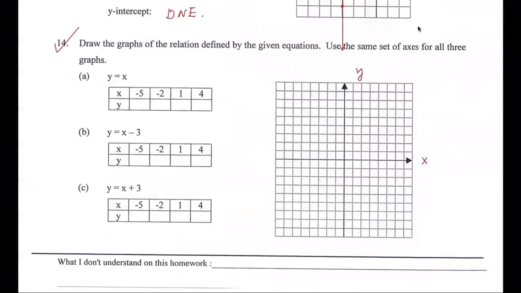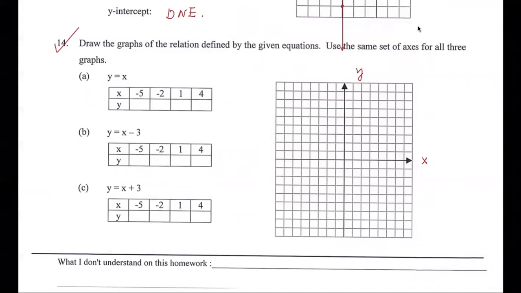This question gives us some kind of conclusion, but let's draw the graphs first, and then let me think more about it. I'll see whether I want to tell you the conclusion or not. So let's draw the graphs first.